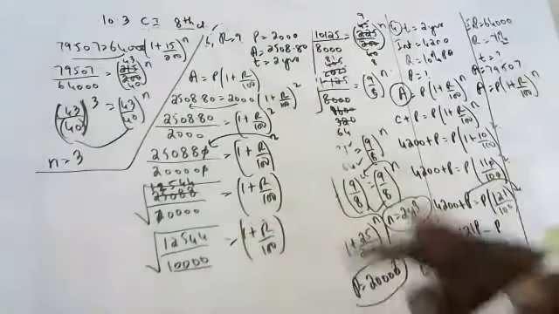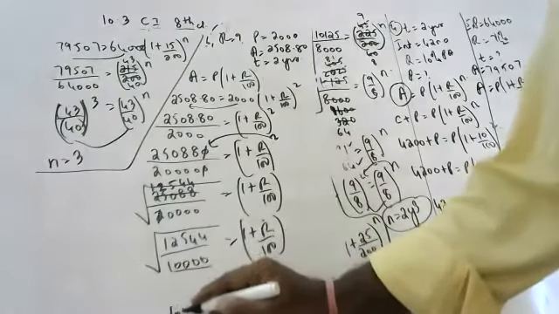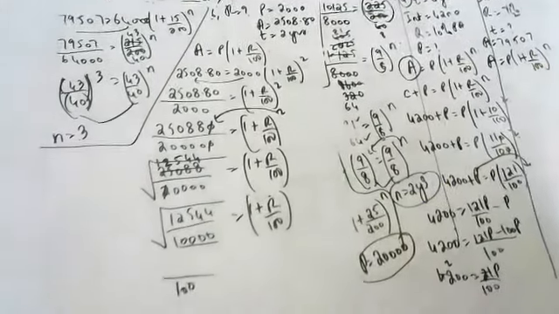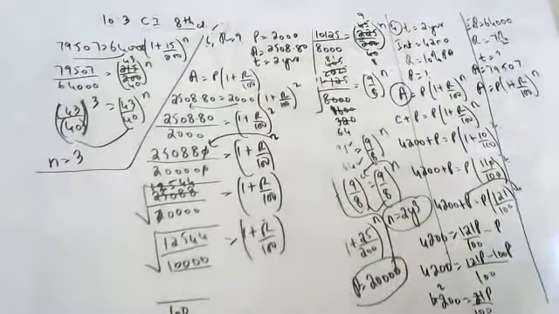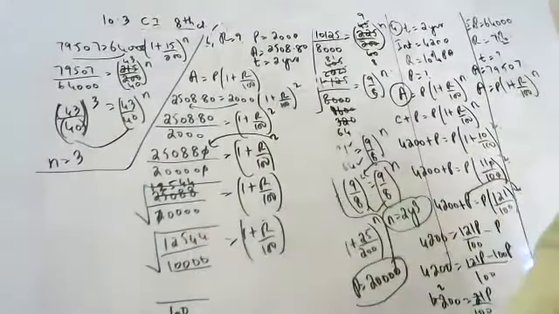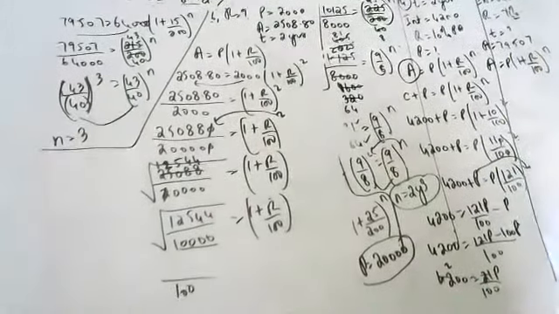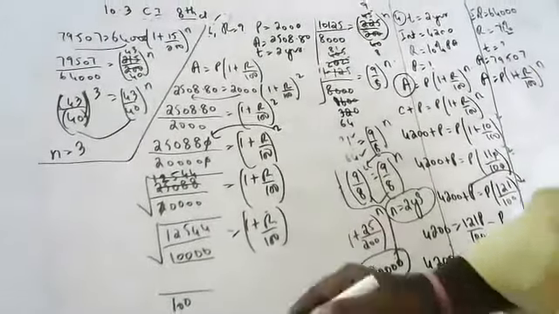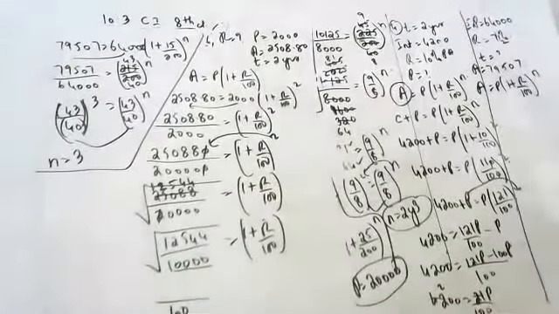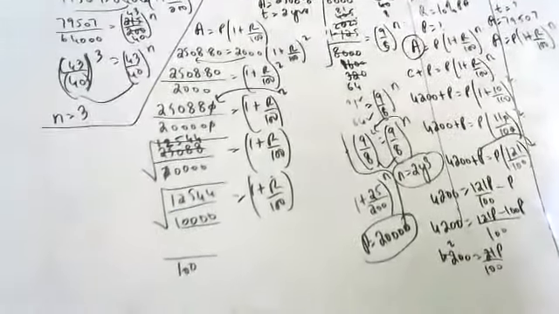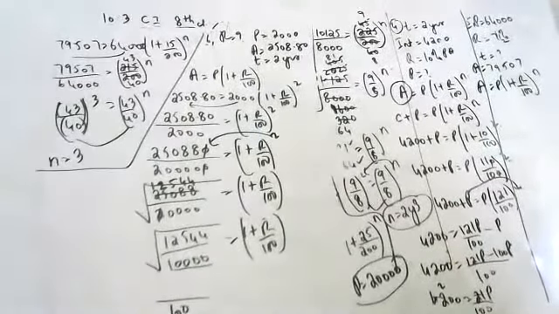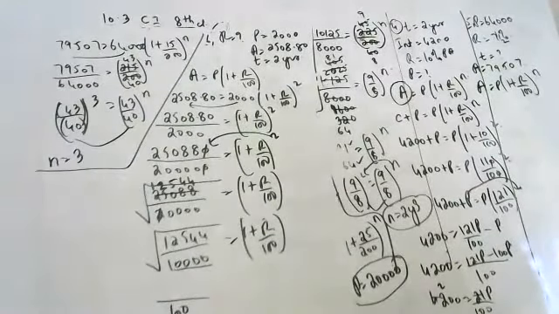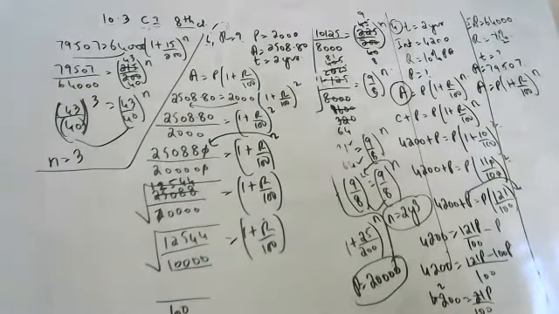There are 4 zeros, so how many zeros will come out? 2 zeros will come out as a square root. And what is the square root of 12544? 104, I think. No, Hrishikesh, check 104 into 104, how much? Not 104. 108, you check. 108 into 108, sir, 11,664. 108 into 108 is 11,664, so try 112 into 112.